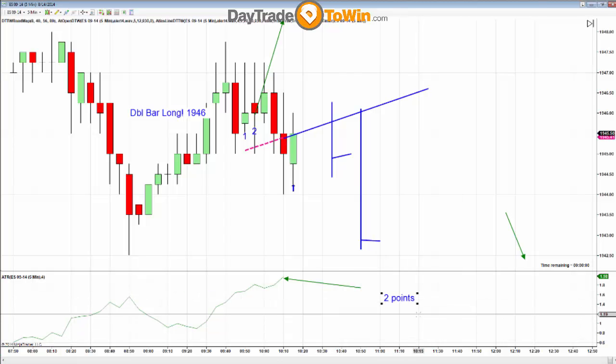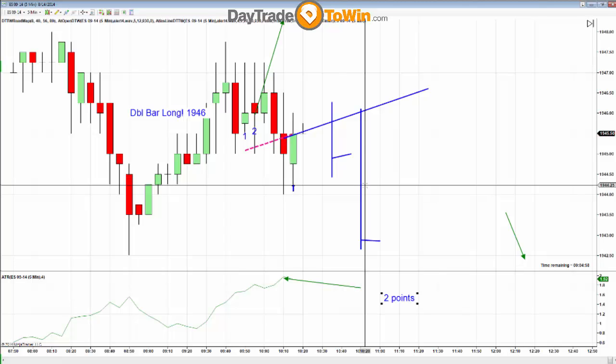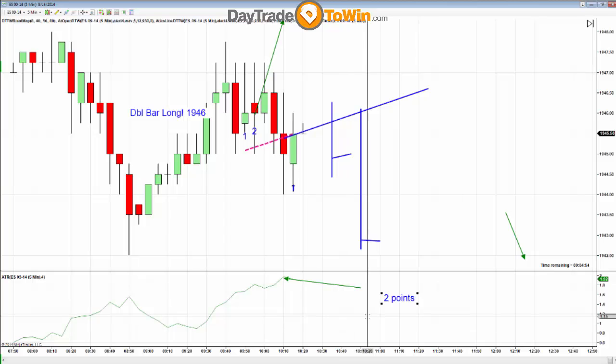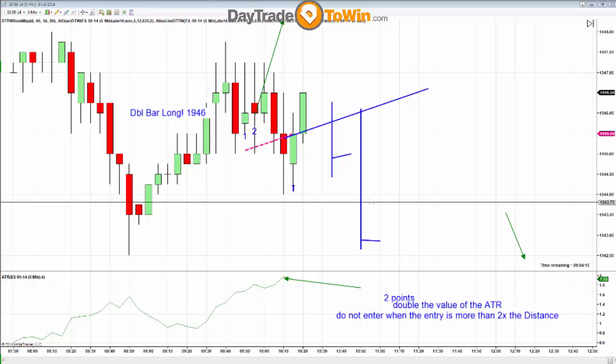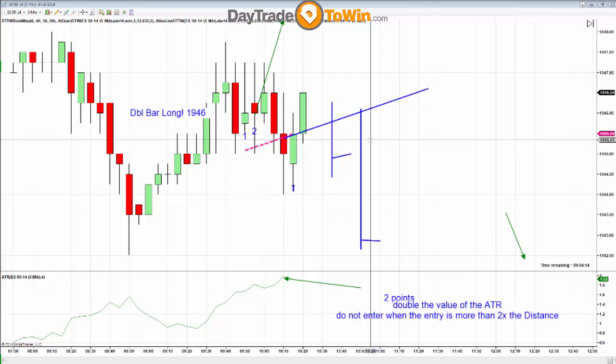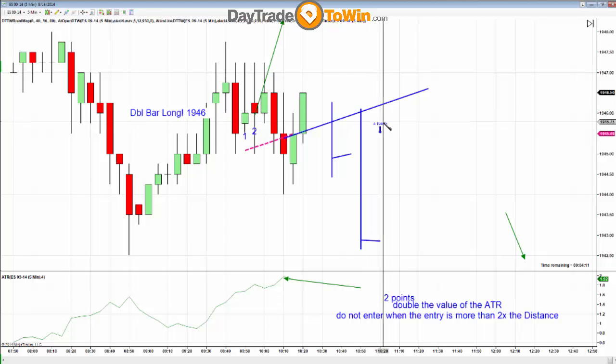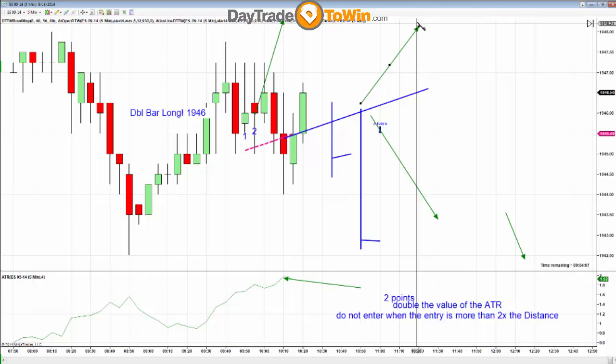Furthermore, I like to use not just 1 times the ATR, but 2 times the ATR. So I like to double this value. I'm trying to enter as close as possible to the Atlas line and take it down, or as close to the Atlas line and take it up.